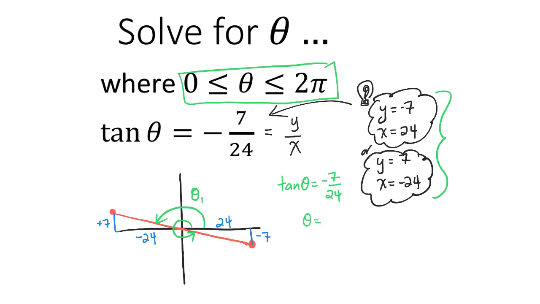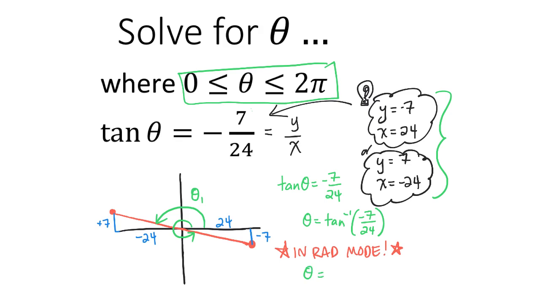On the left side, tan inverse of tan cancels out the tan, leaving us with just theta. Then we have tan inverse to do on the other side. It's very important that you keep the sign with you when you do these problems, or else your calculator will give you something else. It's also very important to make sure that your calculator is in radian mode. Every calculator is different in terms of how you change the mode.